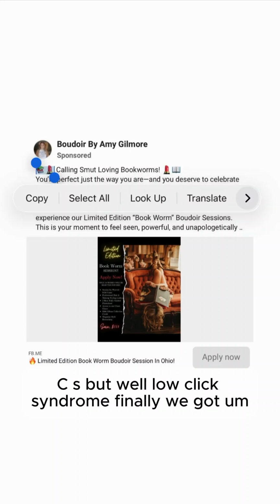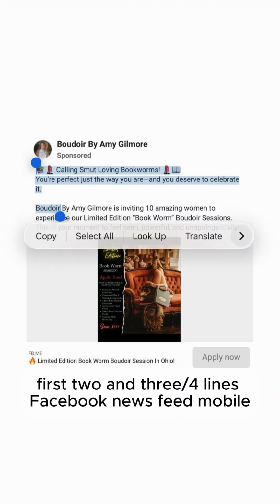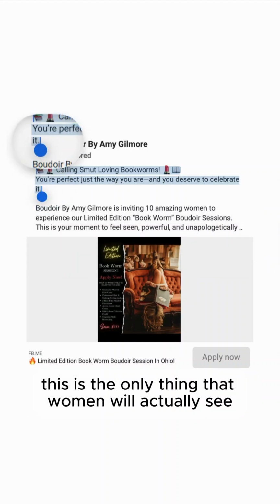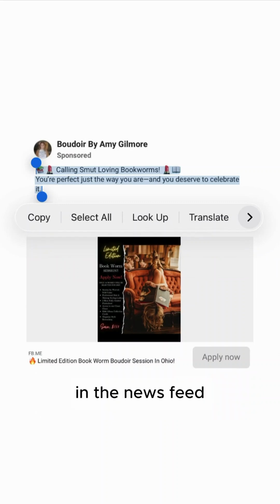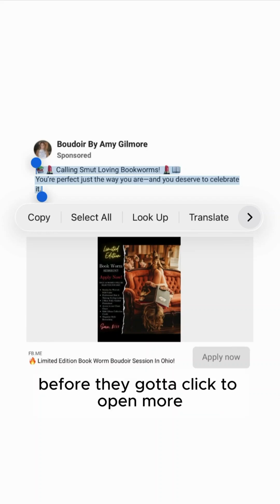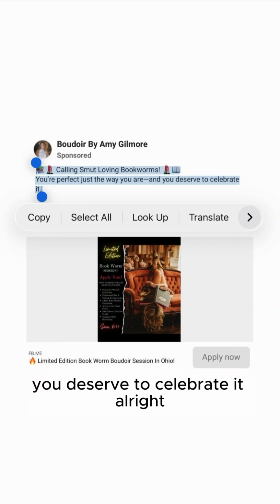Finally, we got the see more headline up here. First 2 3/4 lines, Facebook newsfeed mobile. This is the only thing that women will actually see in the newsfeed before they click to open more to see more. Calling small 11 bookworms. Just deserve to celebrate. All right, so small amounts of context here, but this is the lack of context mistake.